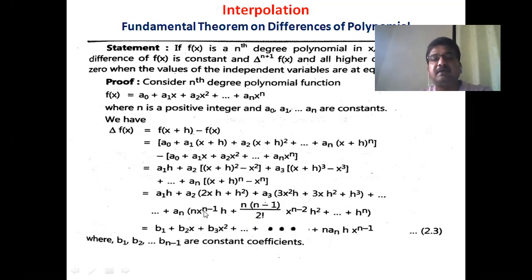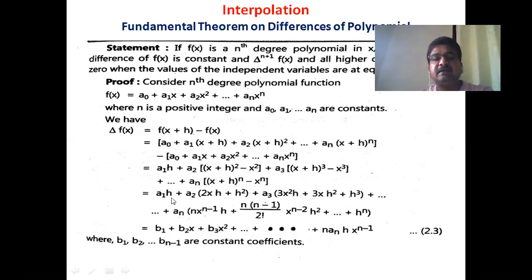The power of x is reduced by 1, and the power of h is increased by 1. Here is h, here is h². What is the next term? n(n−1)(n−2)/3! x^(n−3) h³. But there is no need of writing that term. And the last term is h^n. So this is the expansion of this bracket by using the binomial theorem.